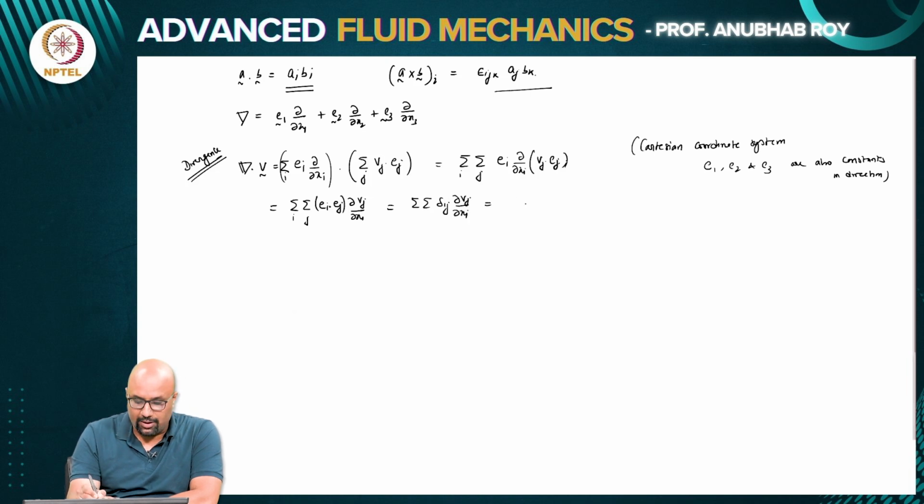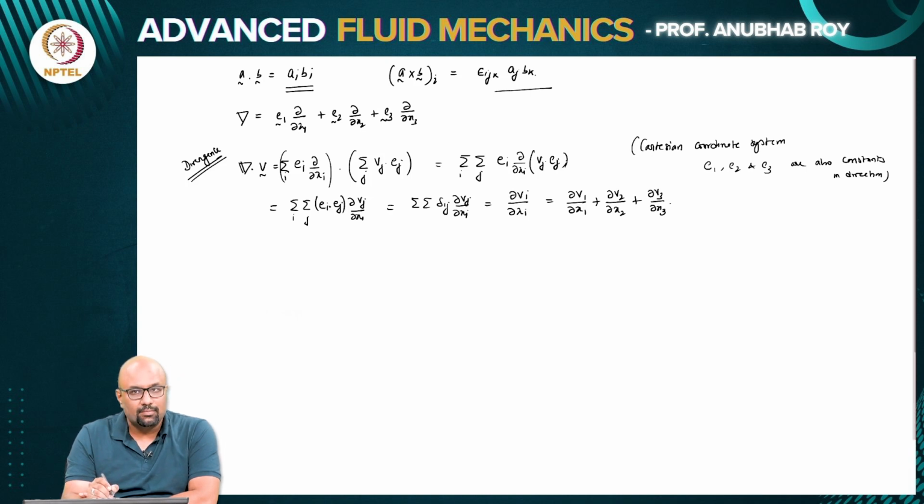Then using the property of the Kronecker delta, I have this as dou Vi dou Xi, which you have probably seen in the definition of a divergence in the past as dou V1 dou X1, plus dou V2 dou X2, plus dou V3 dou X3. So the divergence can be written in a compact manner as dou Xi of Vi.